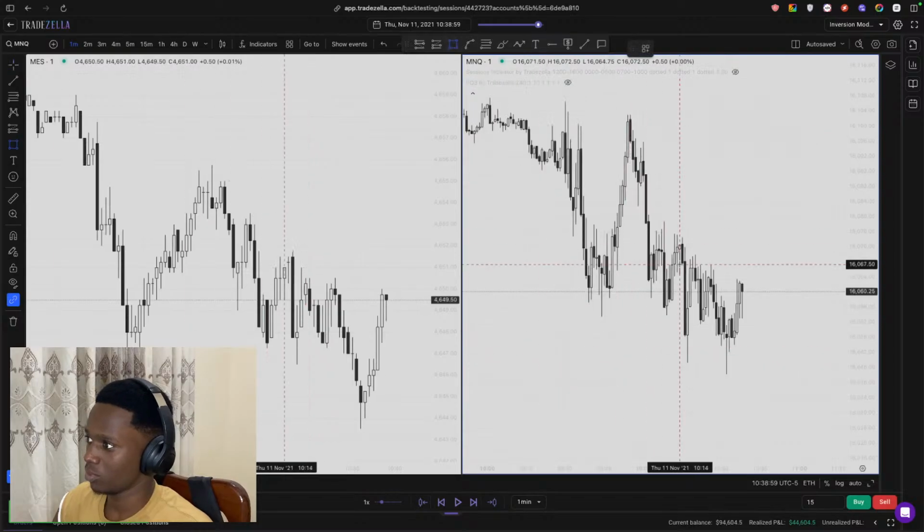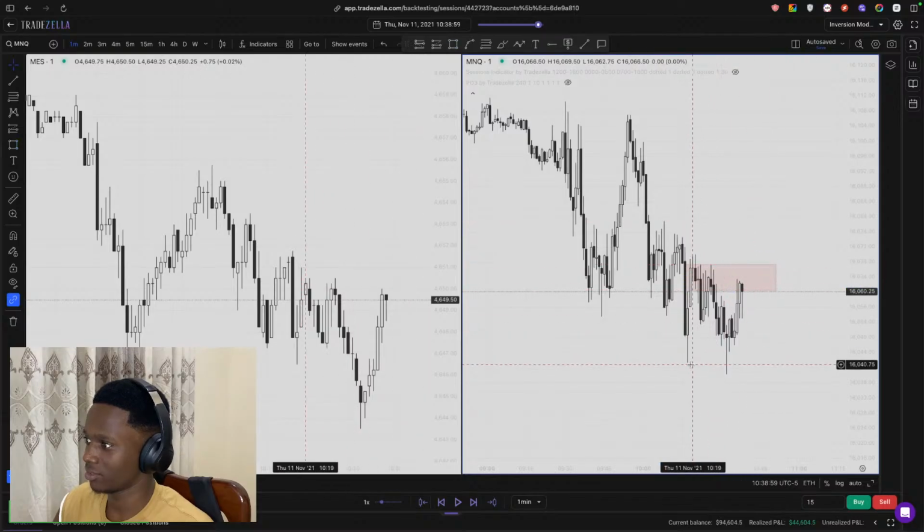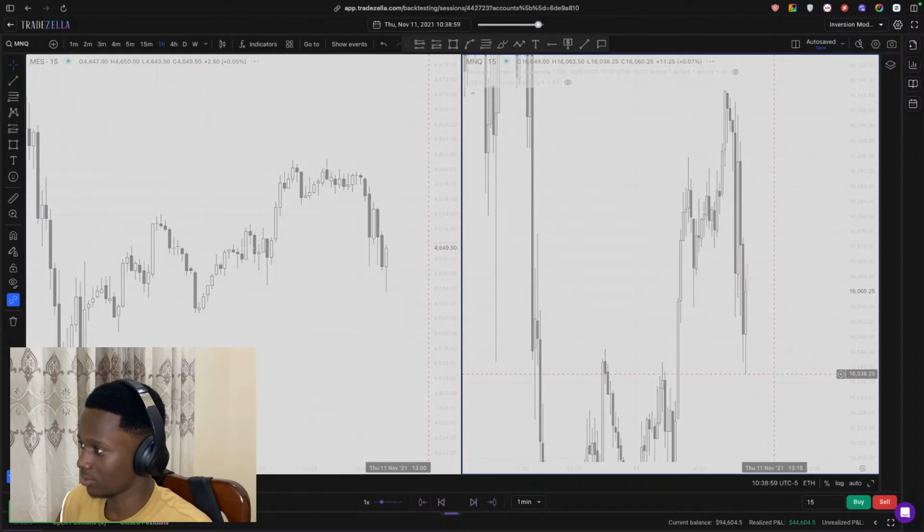Well, I would have bought it if it inversed here, but it has failed to. Have a run here. It's not in any gap at all.